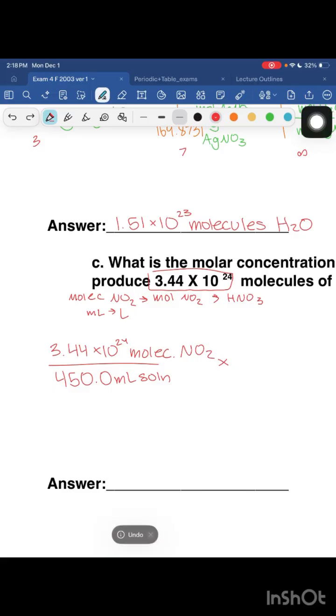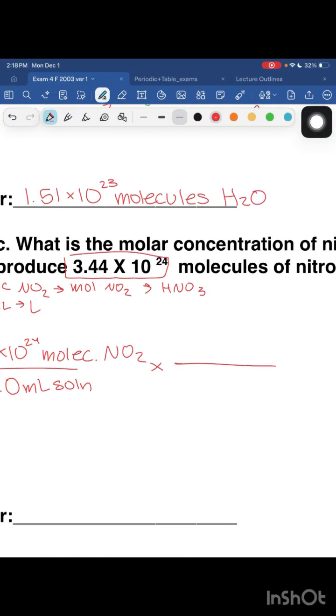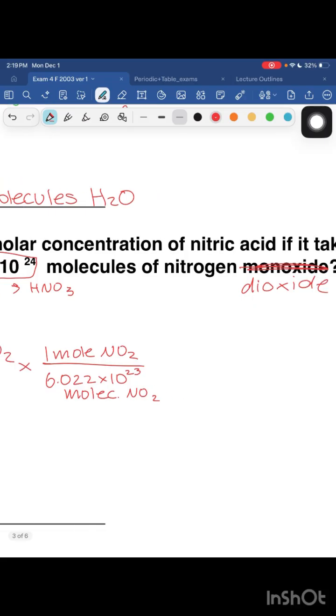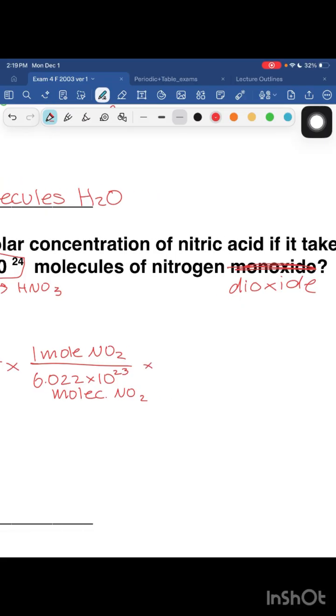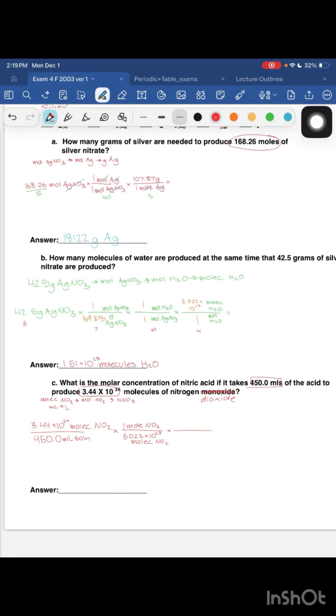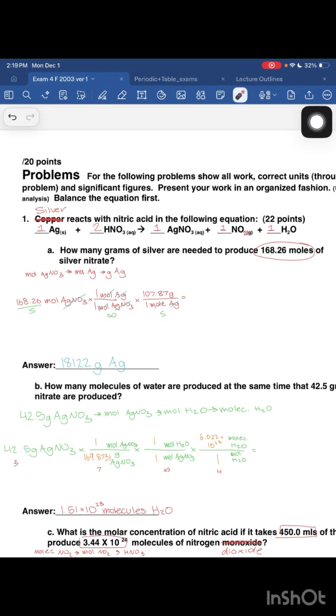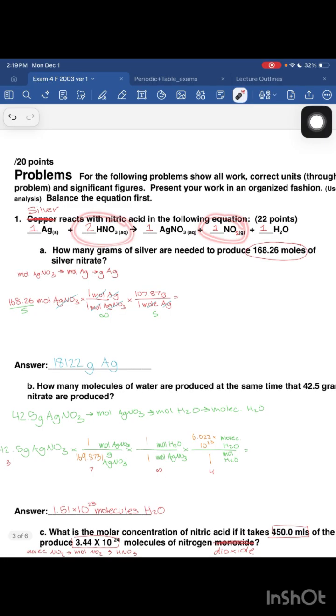So we're going to do the top first. I got to go from 6.022 times 10 to 23 molecules of NO2 to 1 mole NO2, times our mole ratio, which says that for every 1 mole of nitrogen dioxide, I have 2 moles of nitric acid.